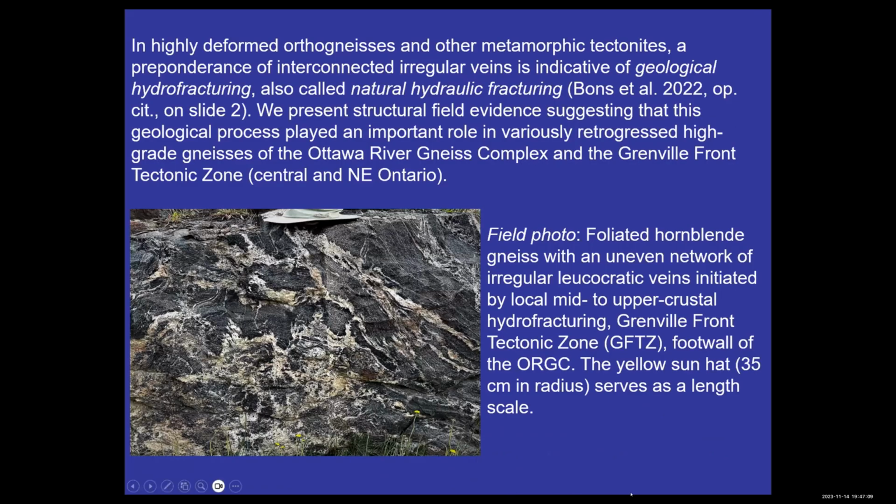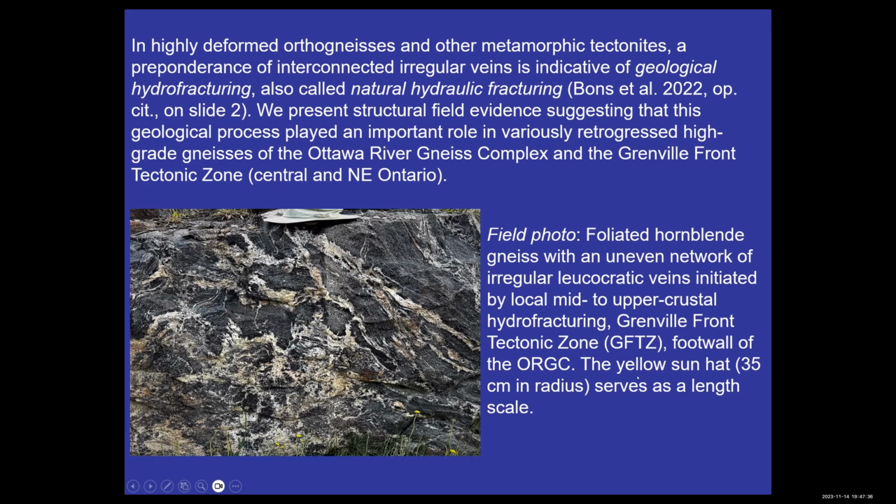Here are some examples of interpreted fossil hydrofractures, now filled with veins, mostly in amphibolites. There's a lot of text here; you may want to read this as well if you don't understand what I'm talking about. The field photo shows a hornblende gneiss with an uneven network of irregular leucocratic veins, initiated apparently by mid to upper-crustal hydrofracturing.